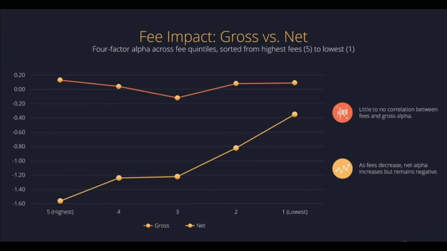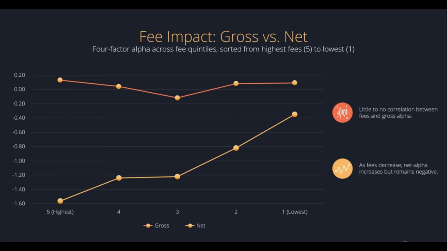And again, I'm really trying to explain here that just because a manager charges more for their mutual fund, you're not going to necessarily get a higher gross return. So in other words, these guys that charge more are not more skilled than the people that charge less. In fact, there's no correlation at all here. However, as fees decrease, you can see a very positive correlation with net alpha.